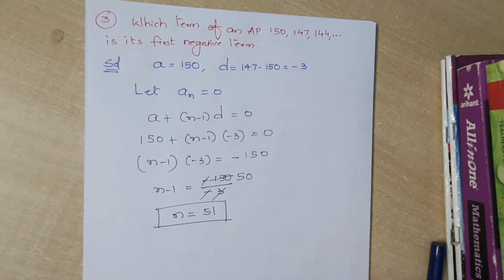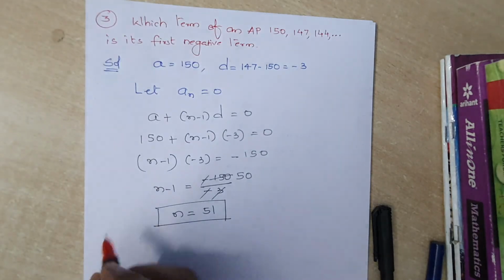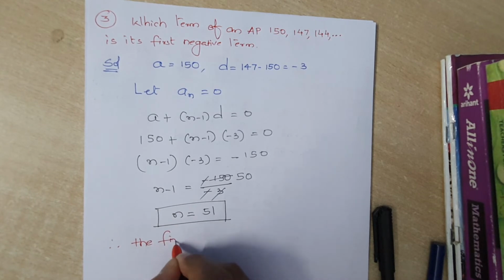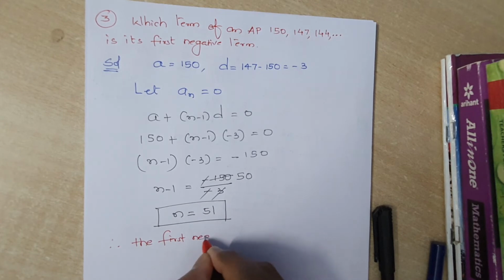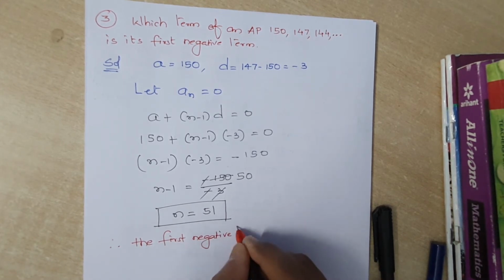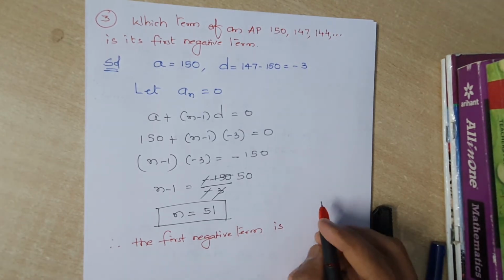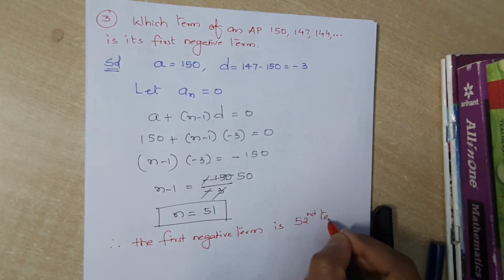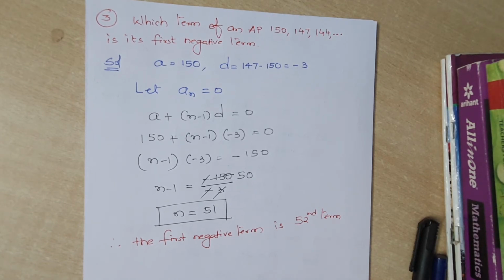So we can write, therefore the first negative term is 52nd term, or we can write A52 or 52nd term. So this is how we solve this type of question.